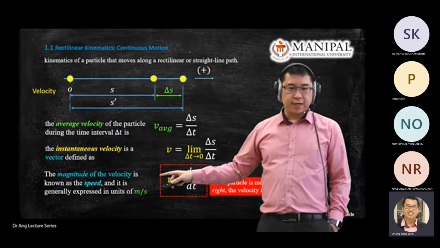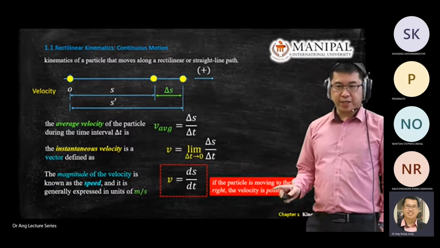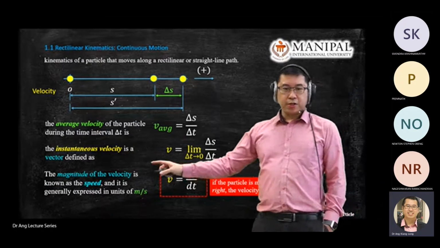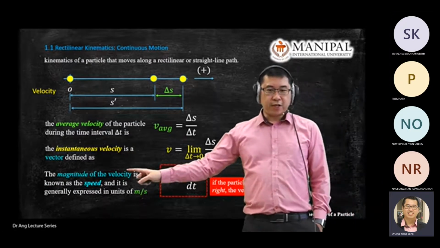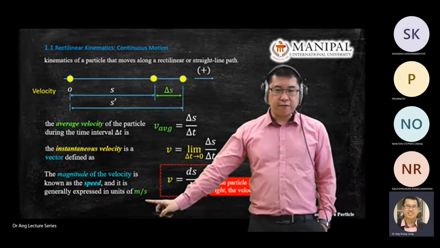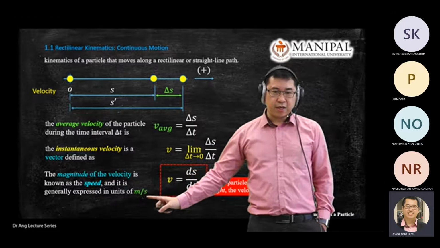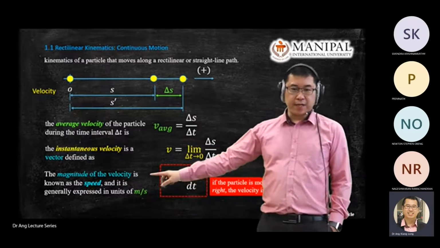Just a reminder, since velocity is a vector, you have a direction and magnitude. So the magnitude of velocity, we call it speed. And the unit of speed is meter over second. This is just a reminder.